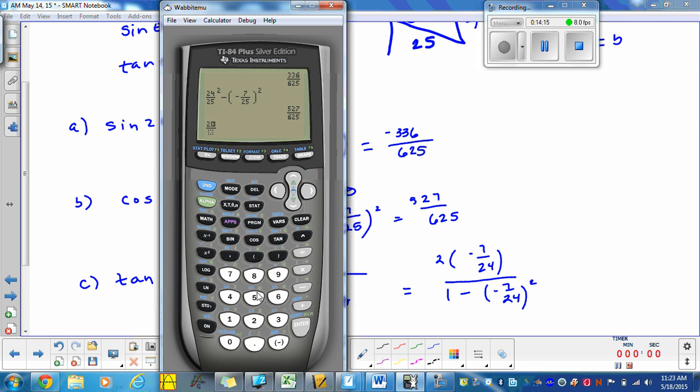So 2 times my fraction, negative 7 over 24.